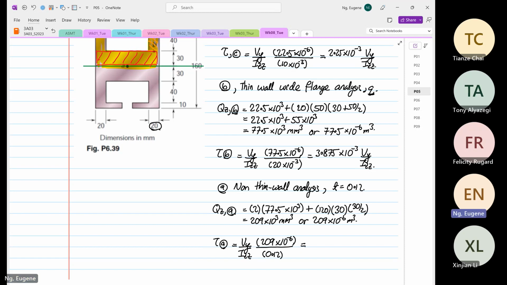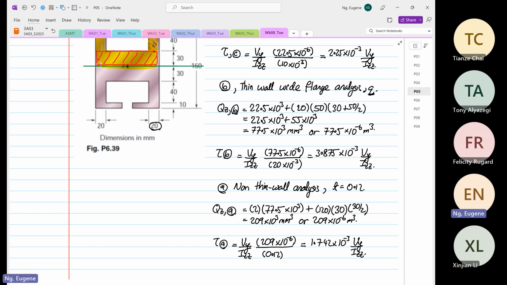So this is equal to 209 power minus 6 divided by 0.12. Now it is 1.742 times 10 to the power minus 3 Vy over Izz.